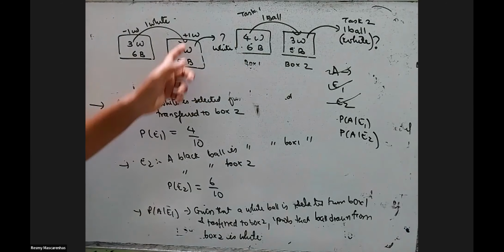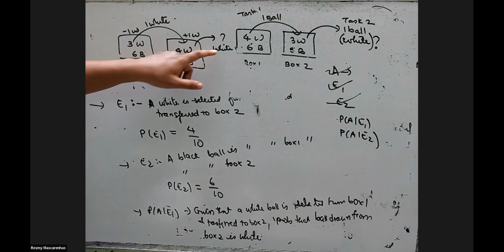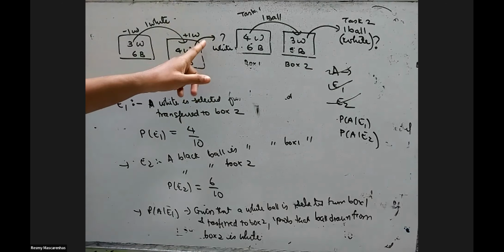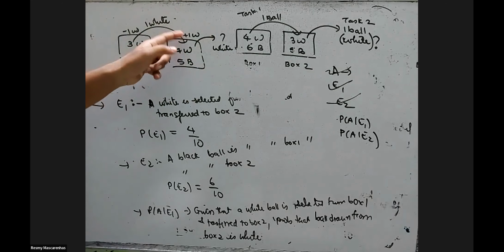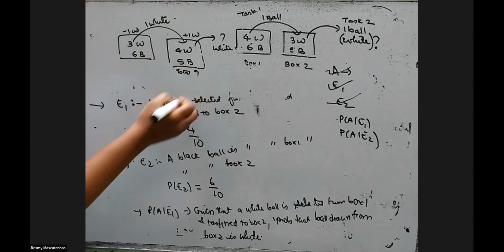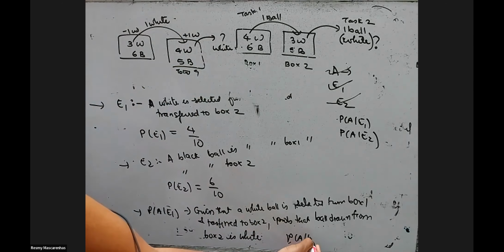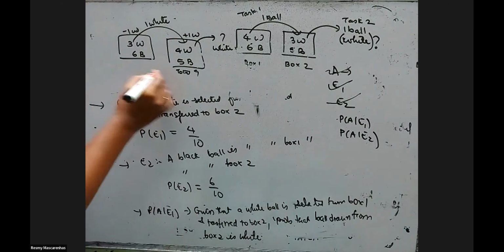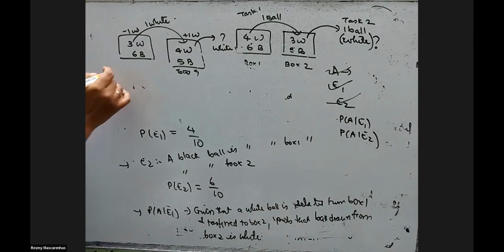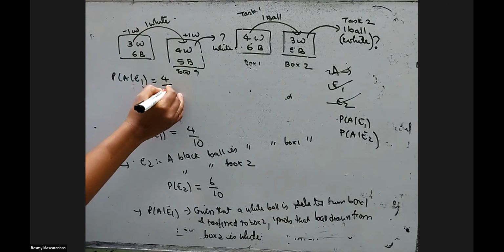What are the chances that a white ball is picked from here? So for task 2, based on a white ball having been transferred, you have 4 out of a total of 9. So P of A upon E1 is 4 out of 9.